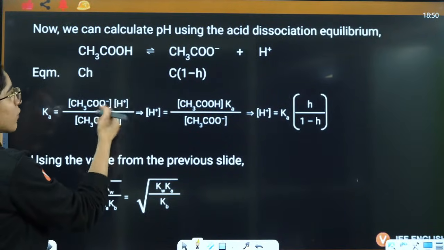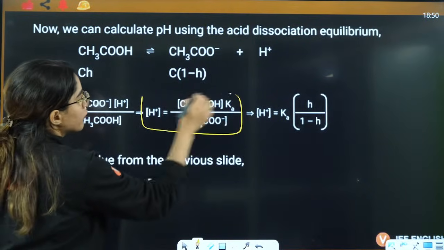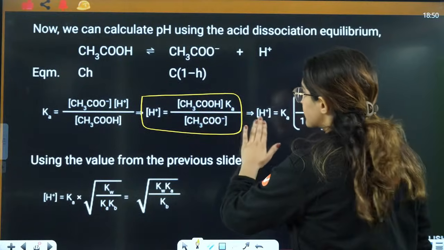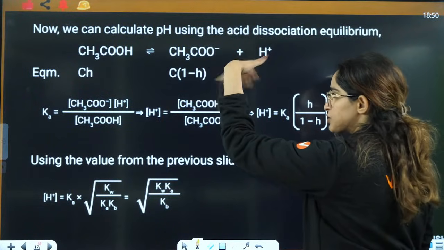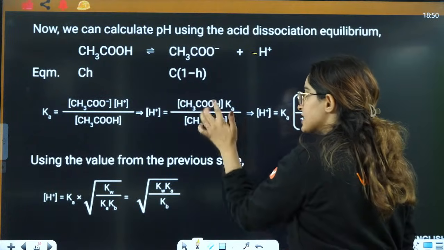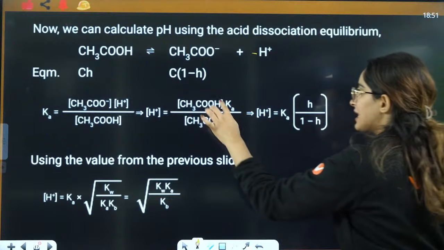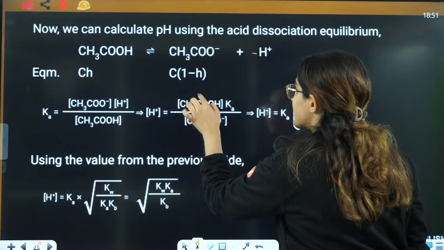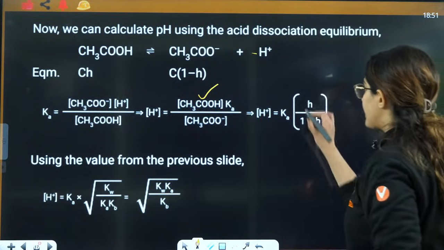From here, what is the concentration of H positive? Just rearrange this and you will have your formula: CH3COOH into Ka by CH3COO negative. You have just rearranged it. So H positive after rearranging is CH3COOH divided by CH3COO negative. CH3COOH is nothing but CH, so you have written it as CH.